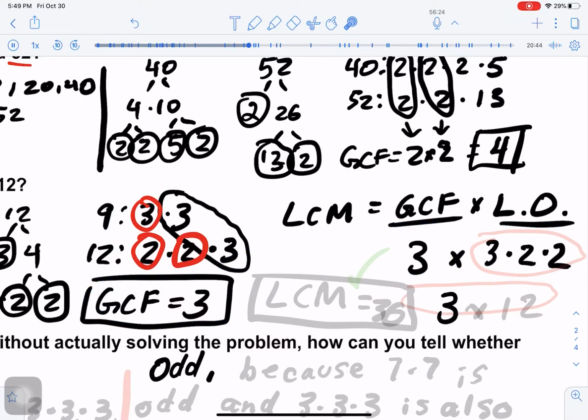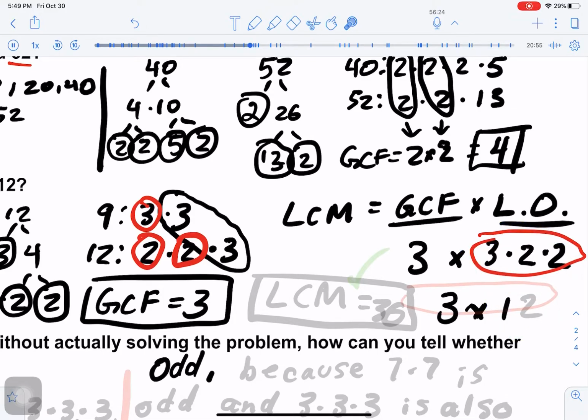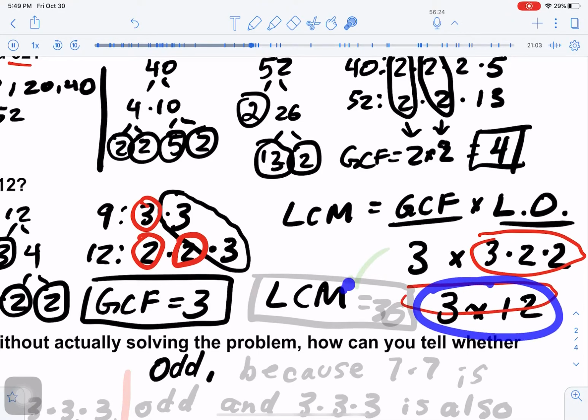This means I'm multiplying 3 times the product of these. 3 times 2 is 6, and 6 times 2 is 12. So this will be 3 times 12, which tells me that my LCM is 36.